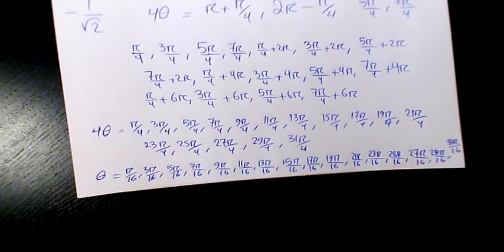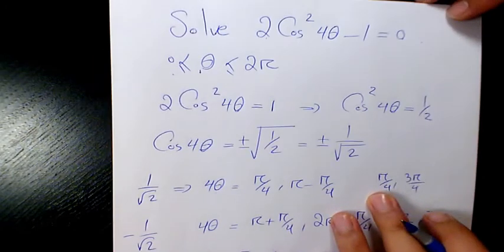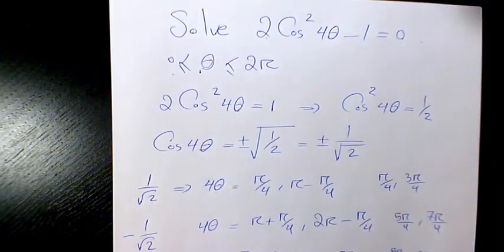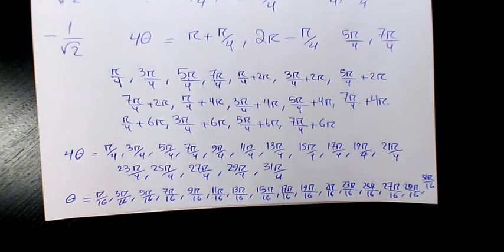So these are the 16 answers to this question, and this is only when theta is between 0 and 2 pi. So these are the answers.